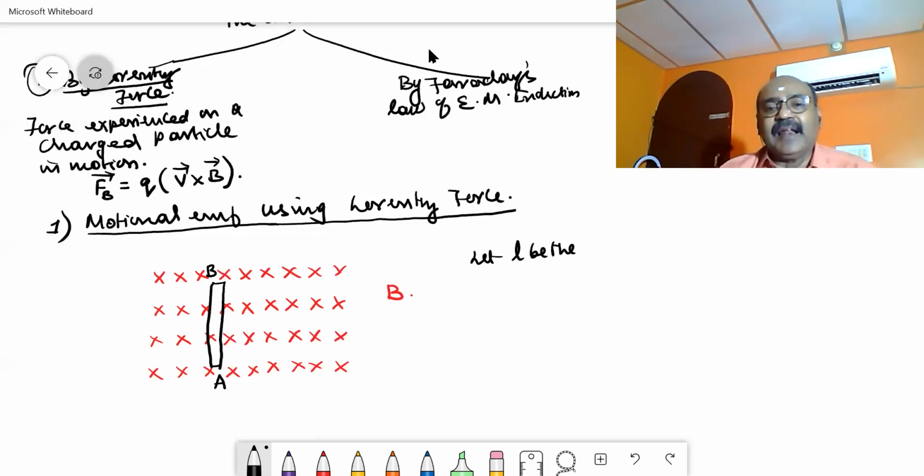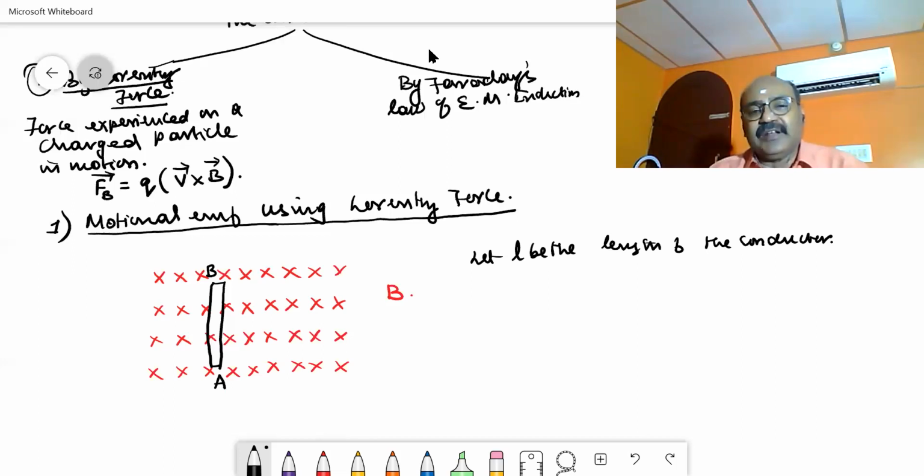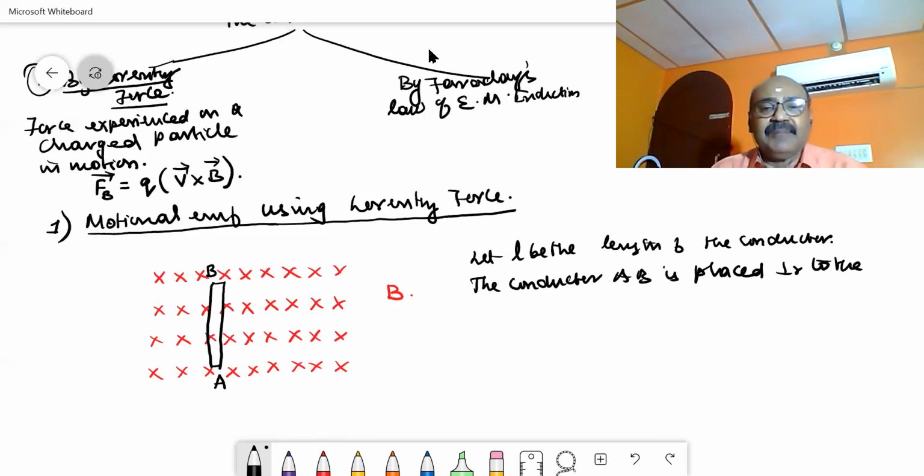The conductor AB is placed inside the magnetic field, perpendicular to the magnetic field, and the value of the magnetic field is considered to be B. Now what I am going to do is, this conductor is made to move towards the right with velocity v.